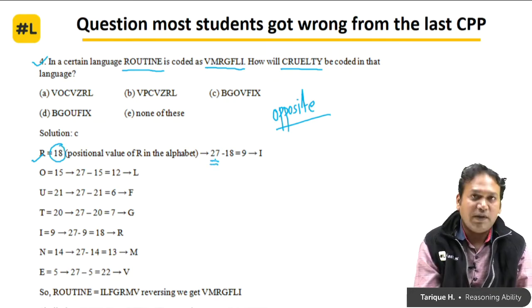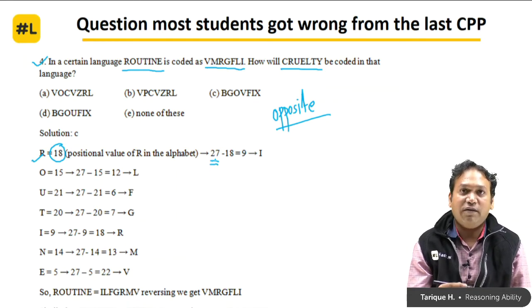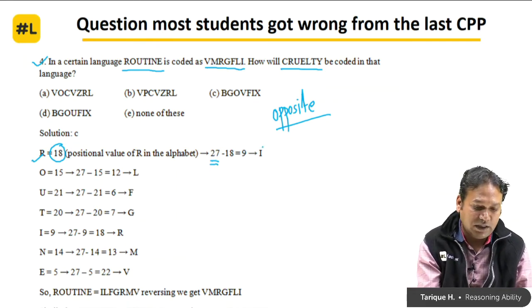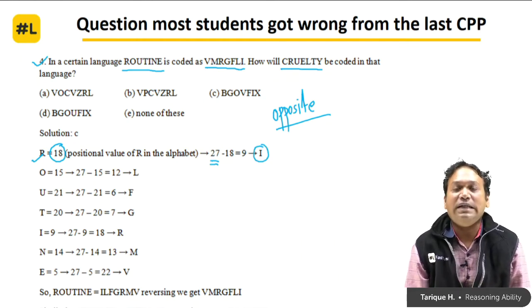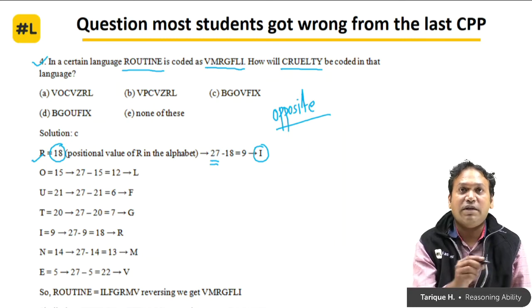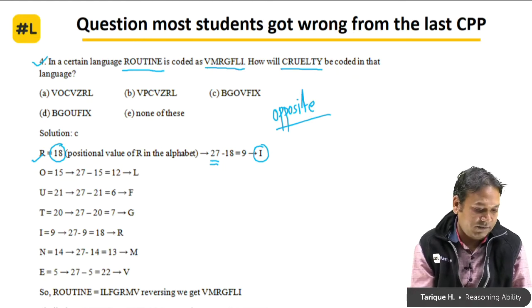Remember, when you are subtracting the positional value of a letter from 27, what you are actually getting is the opposite letter. You can refer to the table of opposite letters that I gave yesterday. We start from A, B, C, go up to M and then write reverse N to Z and we get pairs of opposite letters. So using that we have done.